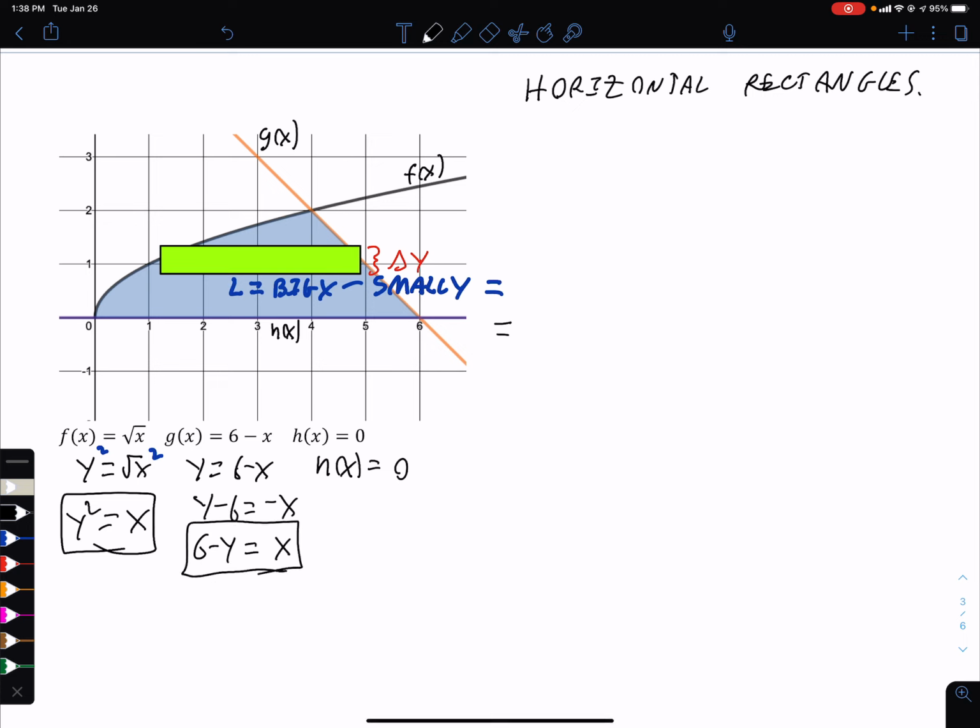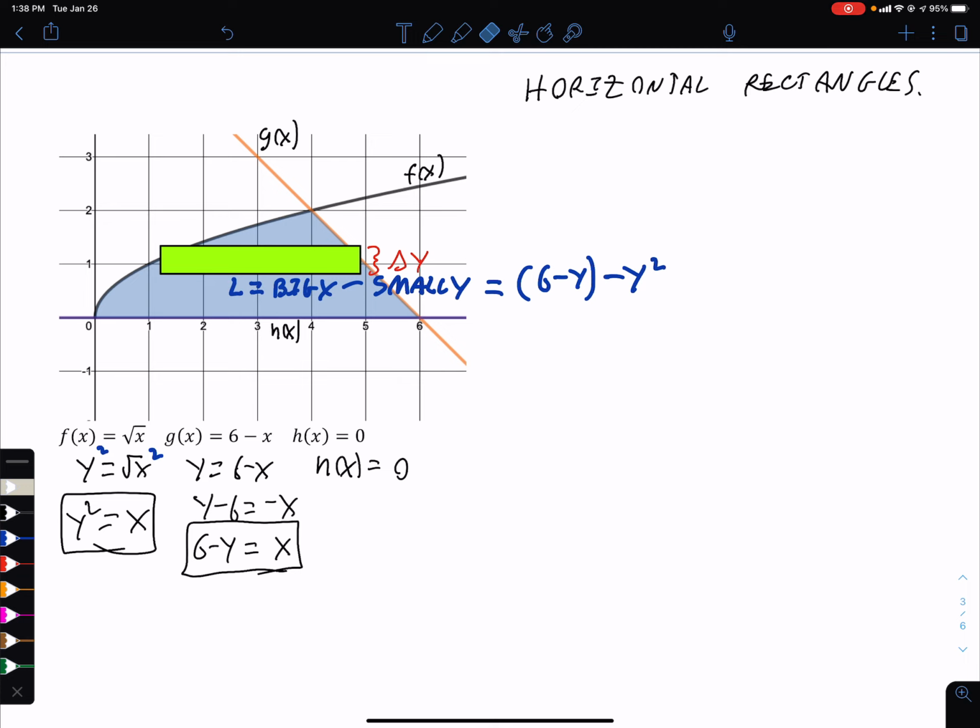Now I know the x value at those 2 points. Now big X, which is going to be the gold line, which is g of x, big X is going to be 6 minus y. And what's small x? Small x is the black line, square root, which is y squared. That is now the correct big X minus small x.